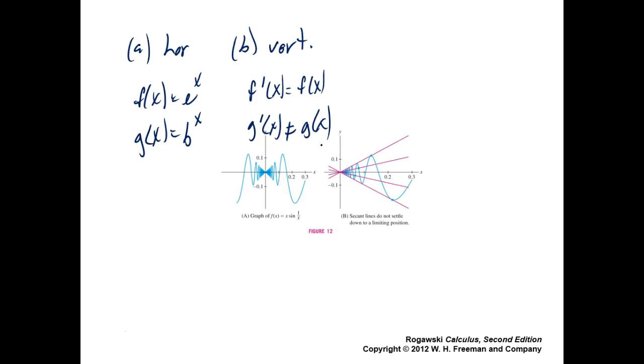Homework exercises here. Do any of the odds 1 through 5. Have we gone over? No, we got time, okay. Any of the odds 7 through 13, either 15 or 17 or both. Do 19. Then do any of the odds 21 to 31, either 33 or 35 or both.